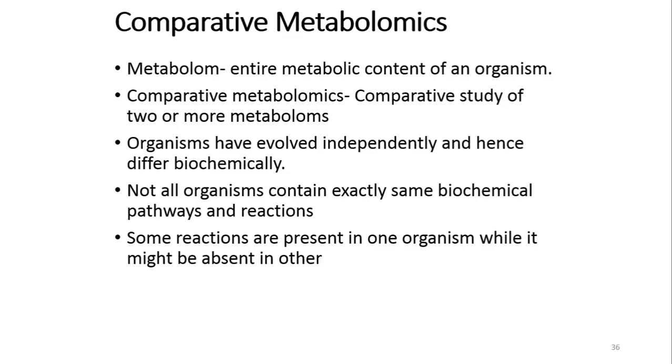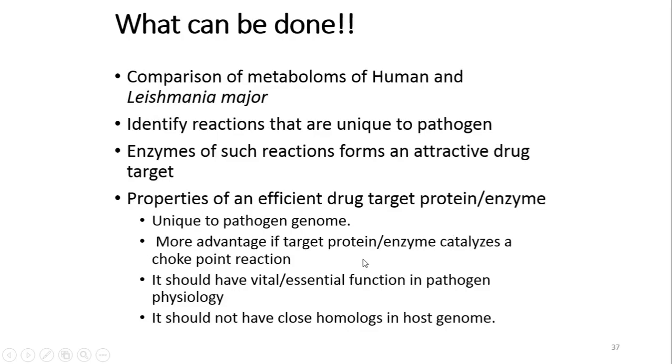So the objective of comparing the two metabolomes would be to identify the reactions that are unique to the pathogen. Okay, so when we say that we are going to compare two metabolomes, the objective is to classify the reactions into three categories.